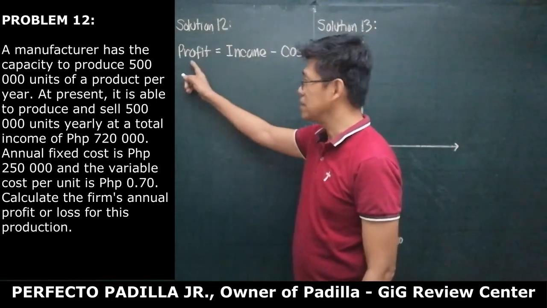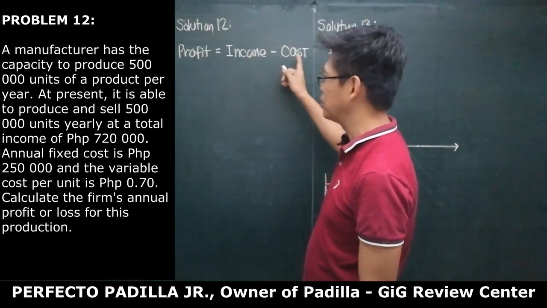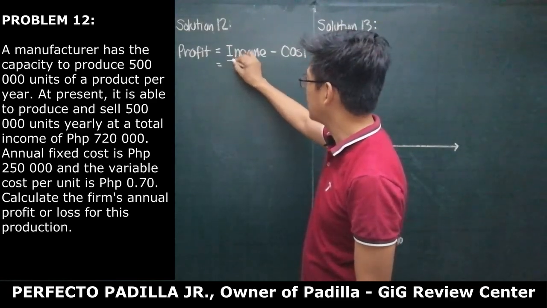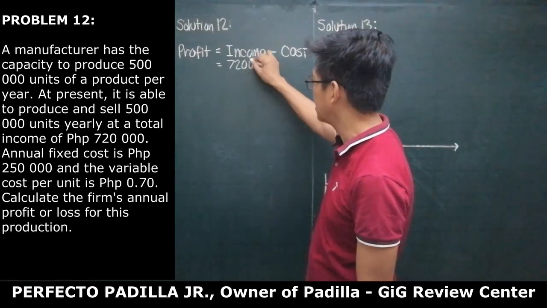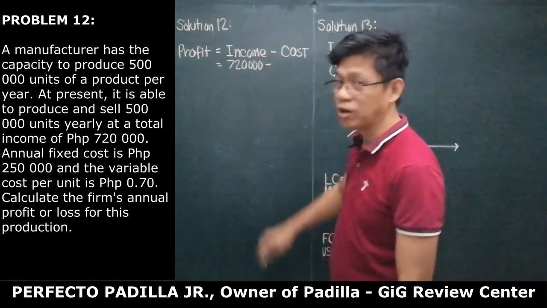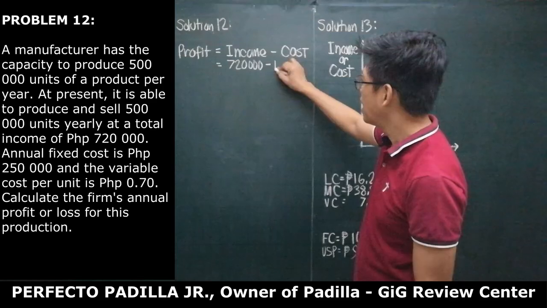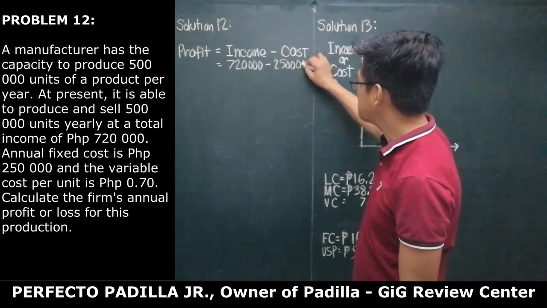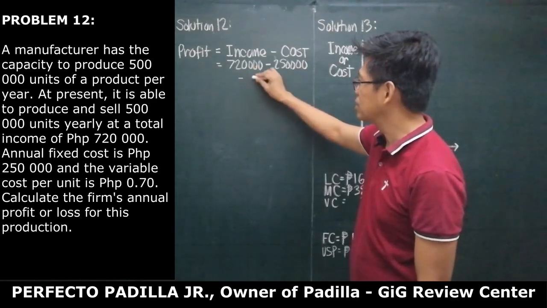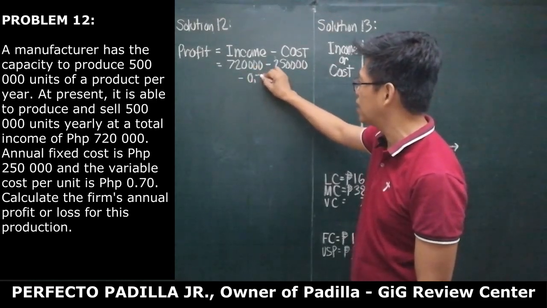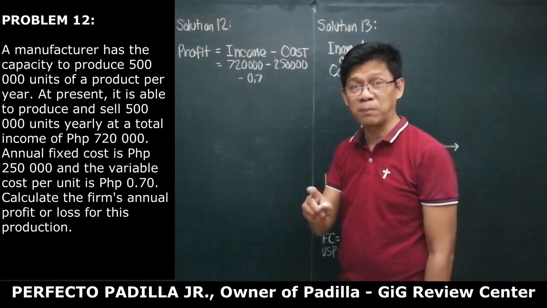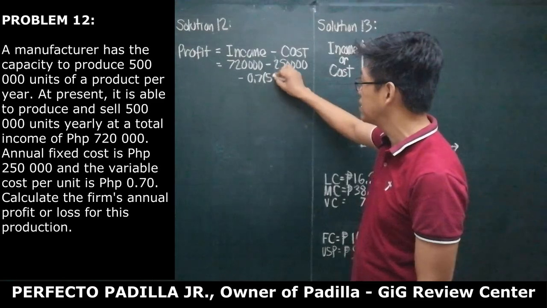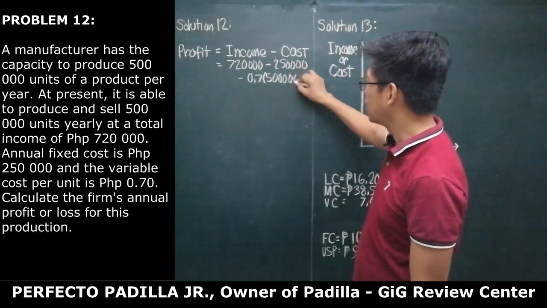So, profit is defined as income minus cost. Our income is 720,000 minus our cost. The fixed cost is 250,000 minus the variable cost, that is 0.7 per unit or per piece, times full capacity and full sales, 500,000.